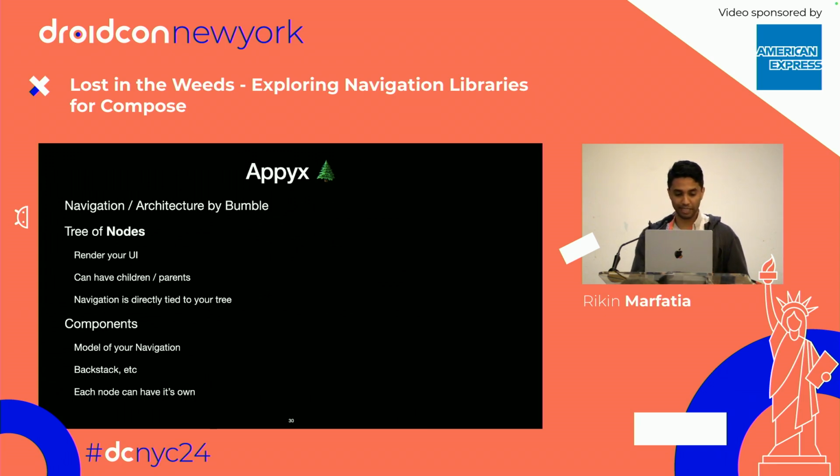drive navigation events. And then there's also this concept of components. Components are what you use as your model for navigation. One example is they have a standard backstack component that you can use. So maybe you have a parent that uses a backstack component and it has children, so that it'll behave like a backstack.